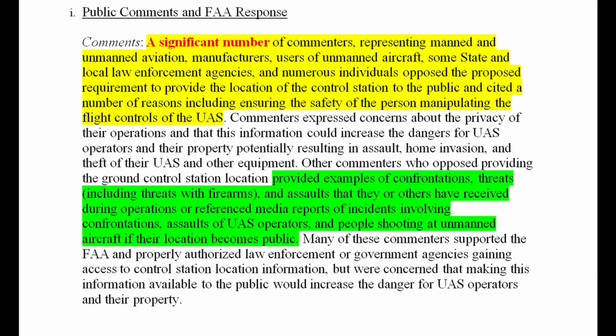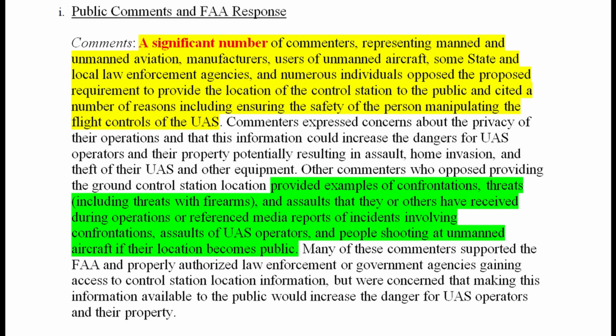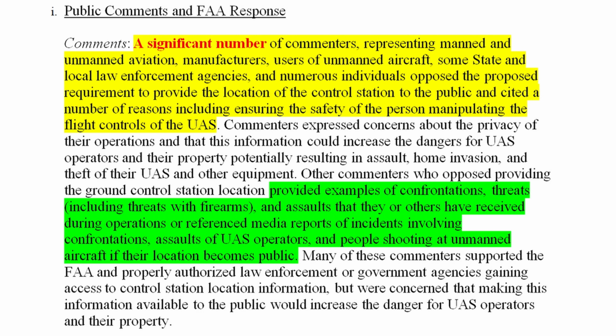So if the expectation is to have that available to the public and or law enforcement and anybody, I remember when I was going through the comments that there were a lot of comments, and myself one of them, where I was concerned about having that transmission publicly received by just anybody in the public, whether it's a phone or if you have to buy some little scanner or something, and somebody being able to track where you are standing or the location of the remote from where you took off.